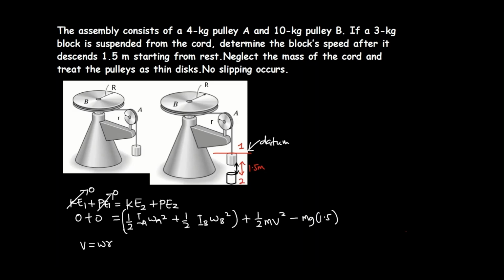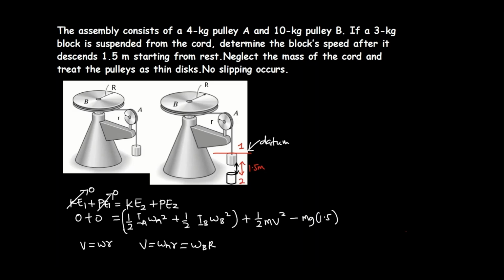So the linear velocity v, which will be the final velocity, is equal to the angular velocity of pulley A times the radius of pulley A, and this would be the same as the angular velocity of pulley B times its radius, because there is no slipping. They are all going to have the same linear velocity at any point on the rope, which is the final velocity v that we have here.